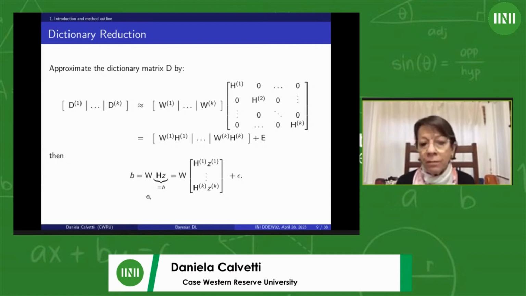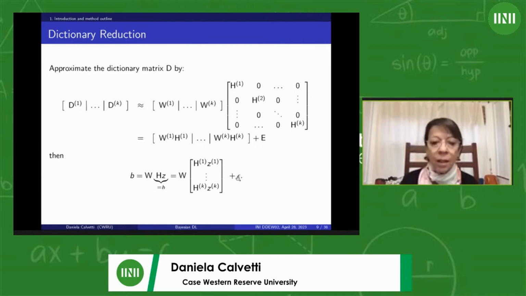So we're going to have many fewer atoms in the compressed dictionary to express B. And we aggregate or partition the vector H times Z, effectively a vector H that we look for all at once, into the blocks of entries that correspond to each block of columns of W coming from the different subdictionaries.